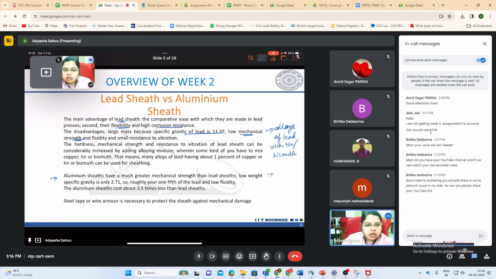So basically, Alok, I don't have the authority to control the assignments. For this, maybe you can mail the course instructor or the instructor for the TAs. There are basically two types of TAs, course TA and PMRF TA. I am the PMRF TA for doubt clearing. I don't have access to these assignments.